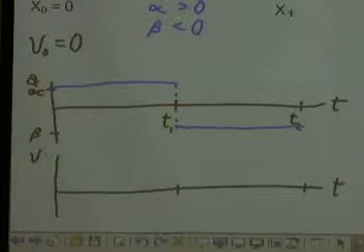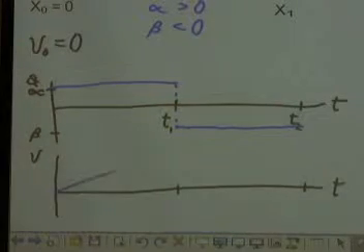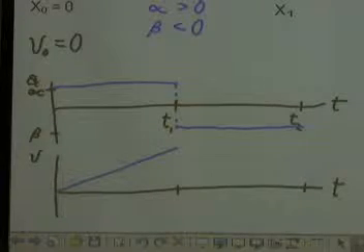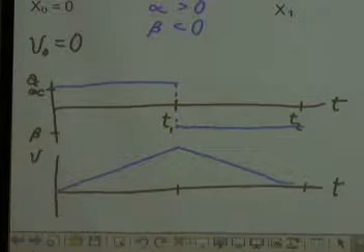Then what we're going to find is with a constant acceleration, the velocity increases at a constant rate, forming a straight line. Again, remember, we're beginning at 0 and moving along a straight line. Now afterwards, we'll have a straight line going back down to 0.